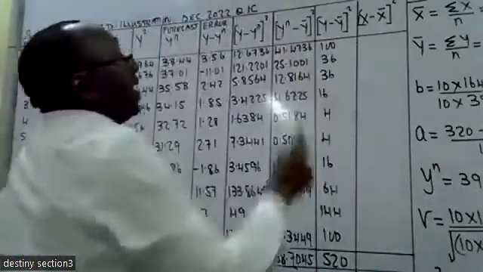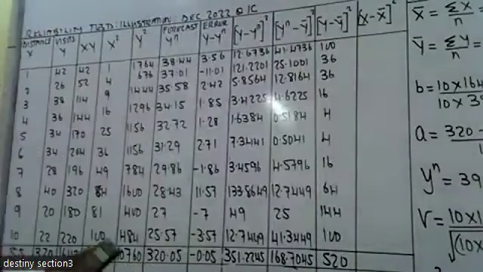Then take this value of x and subtract x bar, which is 5.5.